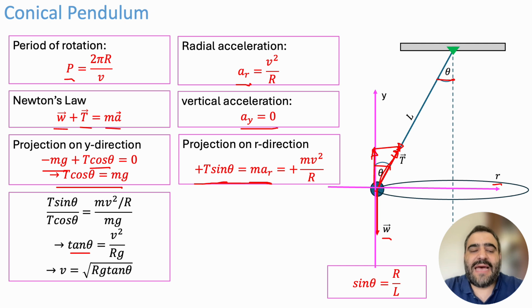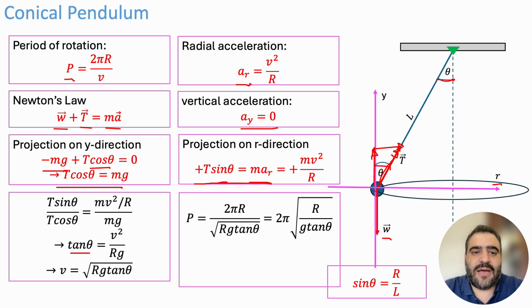Now I replace that back in the period. So I get 2 pi r over the square root of rg tangent theta. I can bring r inside the square root. It becomes r squared, and cancel the square with the r in the denominator. So we have 2 pi times the square root of r over g tangent theta.